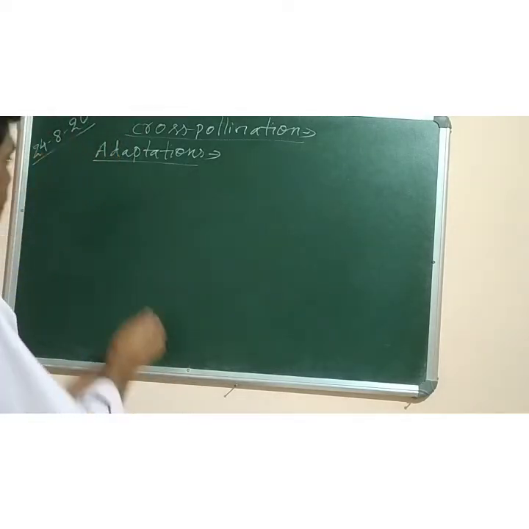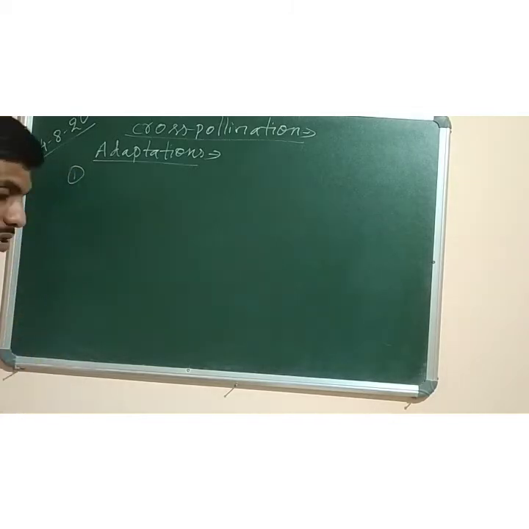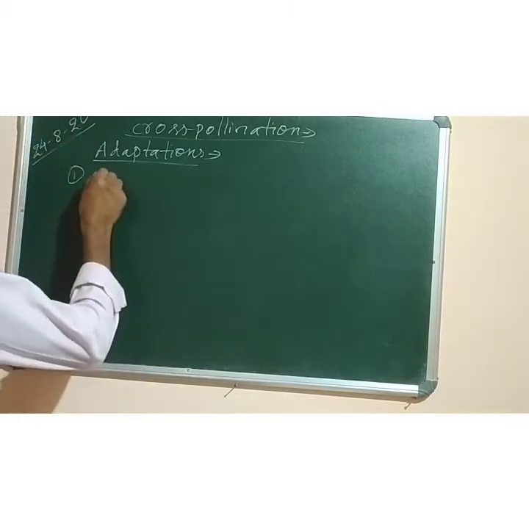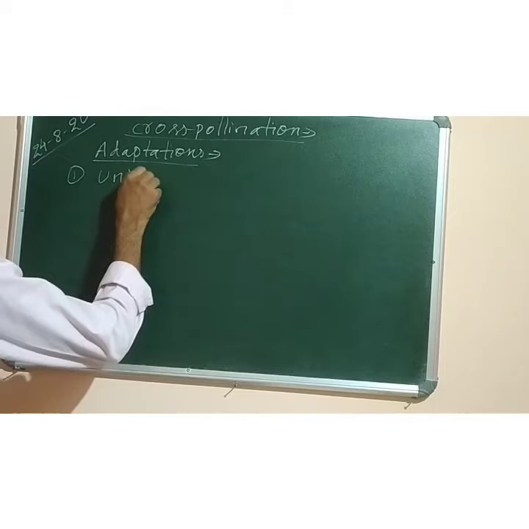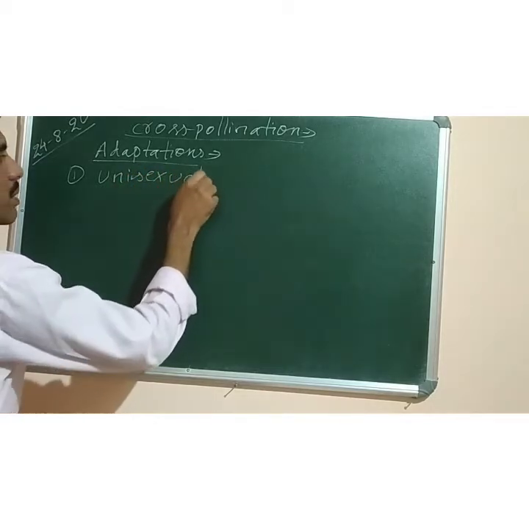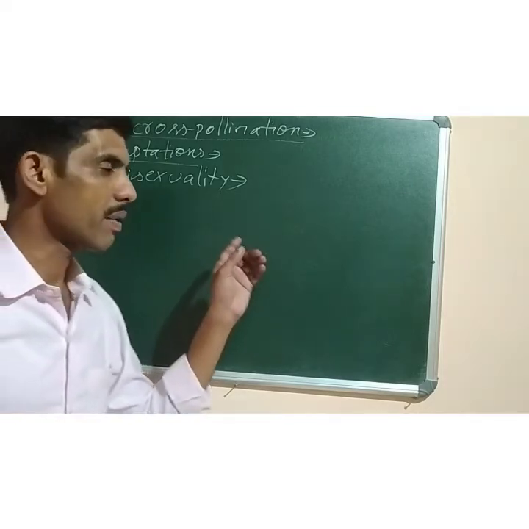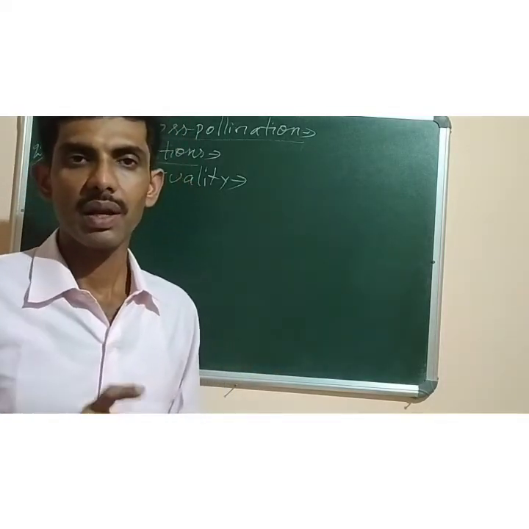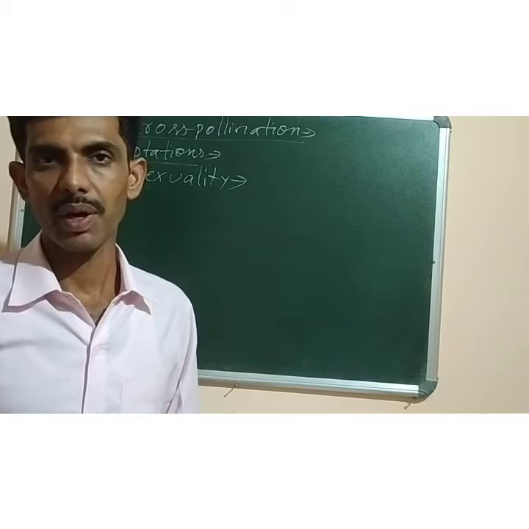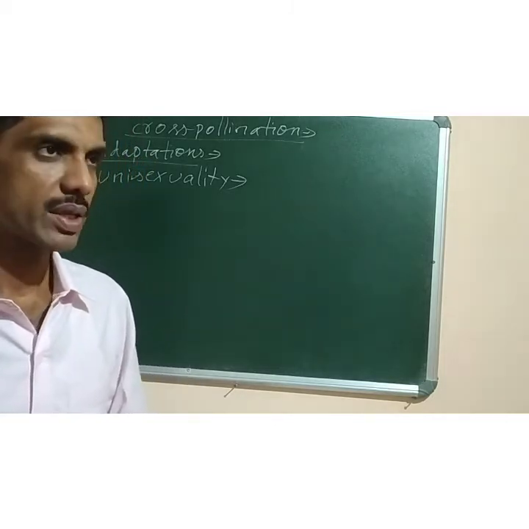So first point is adaptations for cross-pollination. Unisexuality. I will just explain the terms, I will not write. Unisexuality of flower means if a flower contains only one, either male or the female part. They are called unisexual flowers.